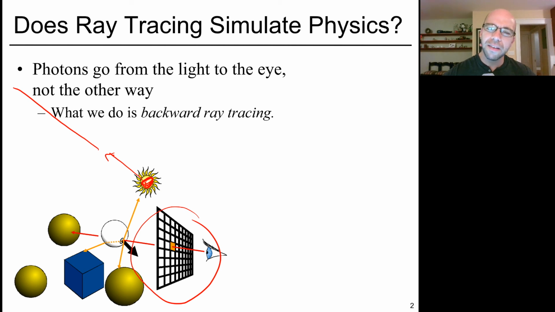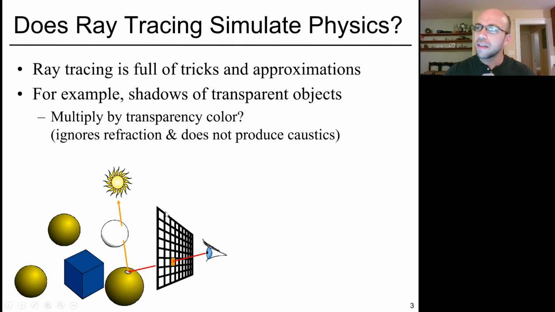At the same time, it's not really simulating physics, and indeed there are a lot of phenomena that you can't really capture using this particular technique, which is just leveraging the fact that physics is very symmetric. So the reality is that ray tracing is full of tricks and approximations, and many of them are really intended to cope with the fact that we're doing backward rather than forward ray tracing.